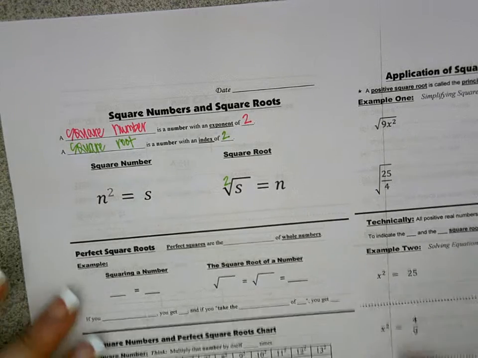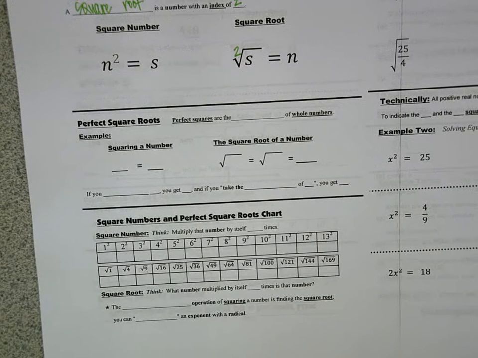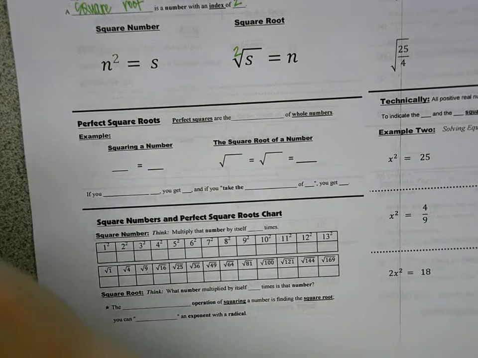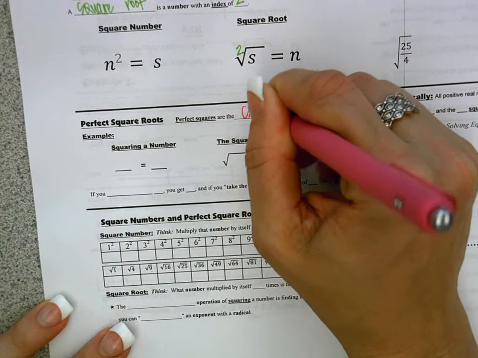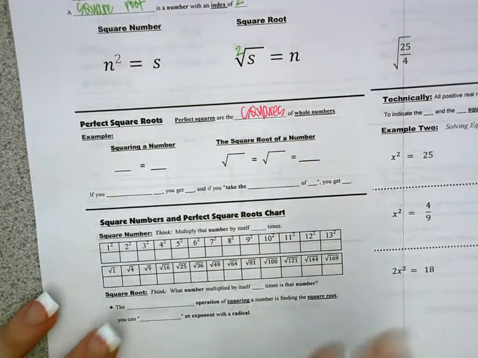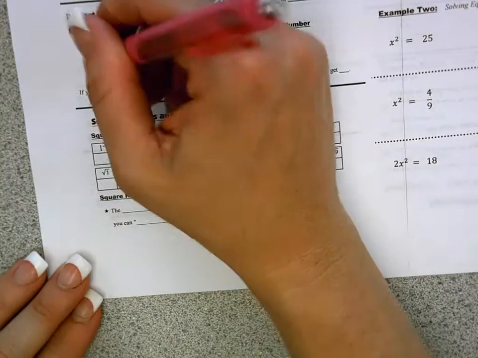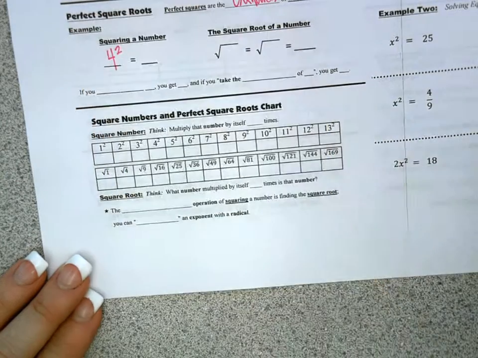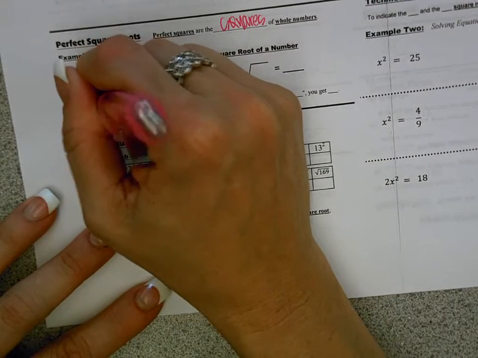Okay, so perfect squares. You probably already know them. Perfect squares are the squares of whole numbers. If you're squaring a number, let's say for instance we are going to square 4, that's really not 4 times 2, but it's really 4 times 4.